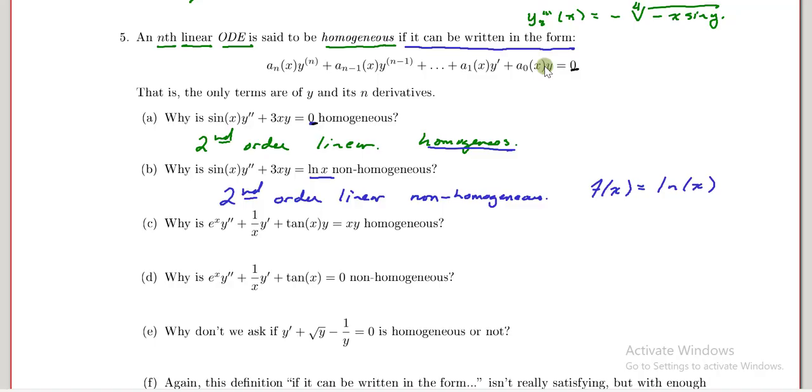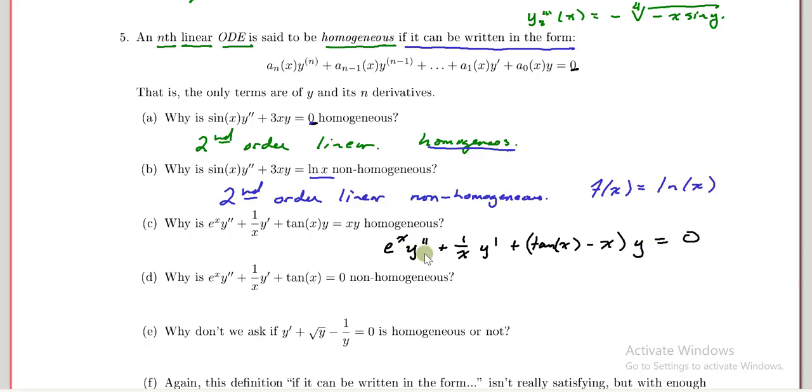So this is the example that I want to get at that I think really clarifies this. This ODE right here is not yet in linear form. It is a linear ODE, but I haven't written it in the form that we talked about in the first video. If I did some rearranging and I rewrote it as e sub x y double prime plus 1 over x y prime, and now if I subtract over this xy term and then factor out the y, I would have plus the tangent of x minus x y is equal to 0.